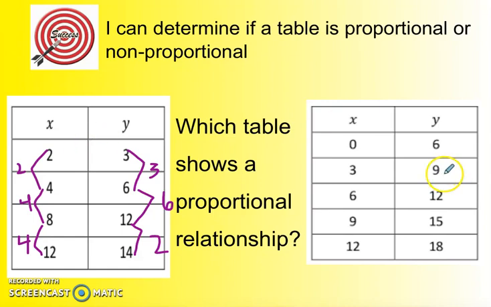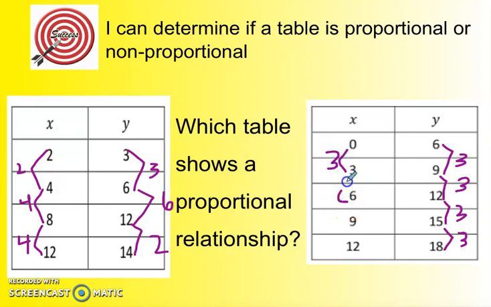Well, over here, let's check this one out. If I subtract the y's, we have 9 minus 6 is 3. 12 minus 9 is 3. 15 minus 12 is 3. 18 minus 15 is 3. And over on this side, subtract, we have 3 again.